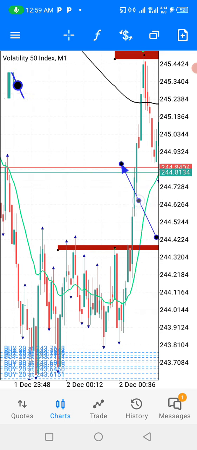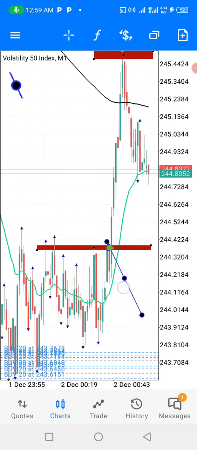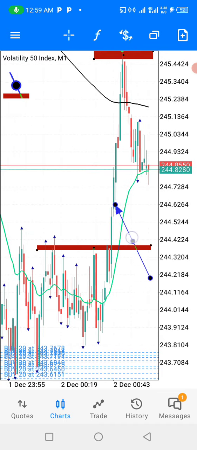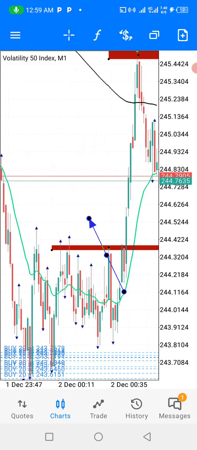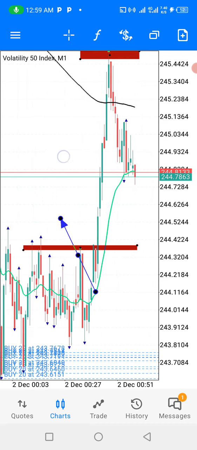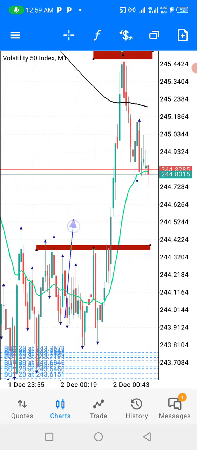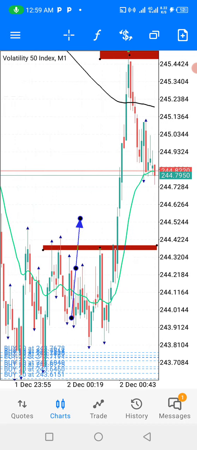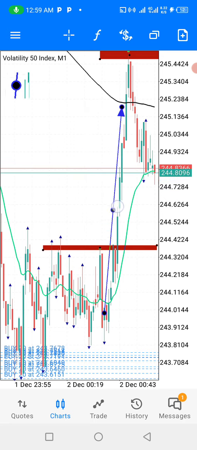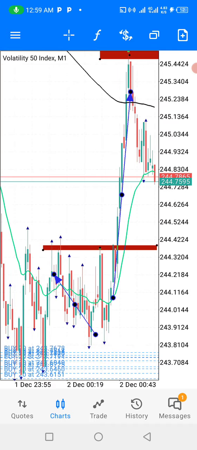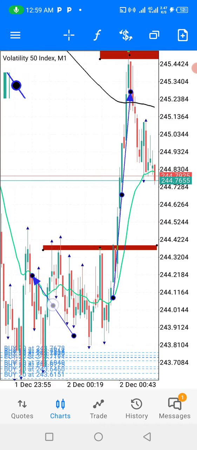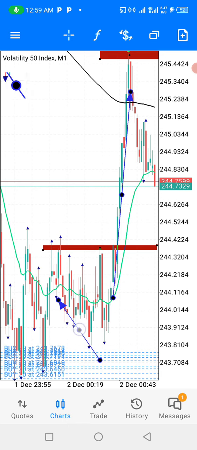Now, the lagging is when this market starts moving with high momentum along this path. You discover that this moving average 20, this green indicator line, is somewhere here.